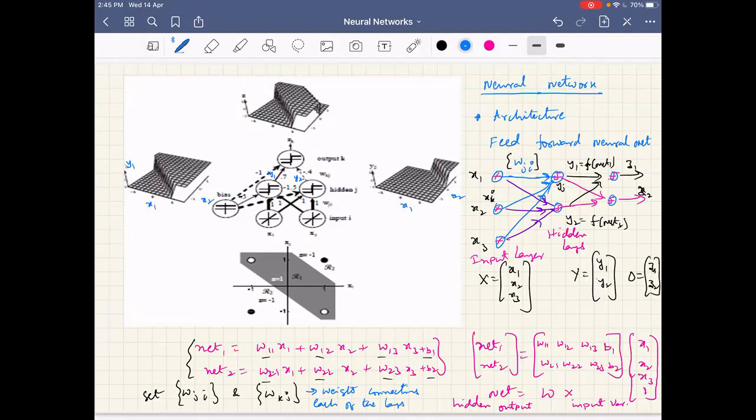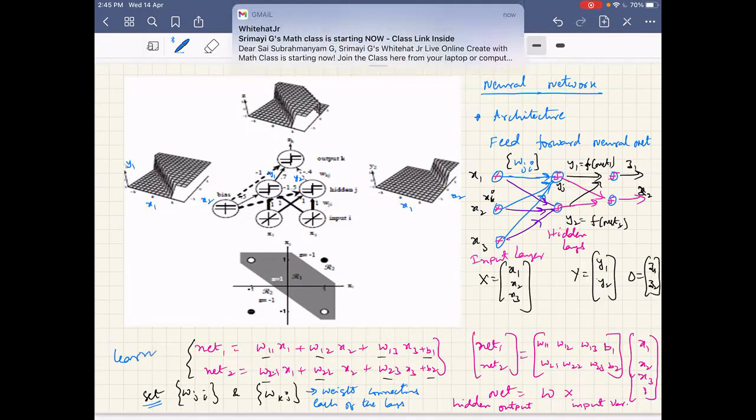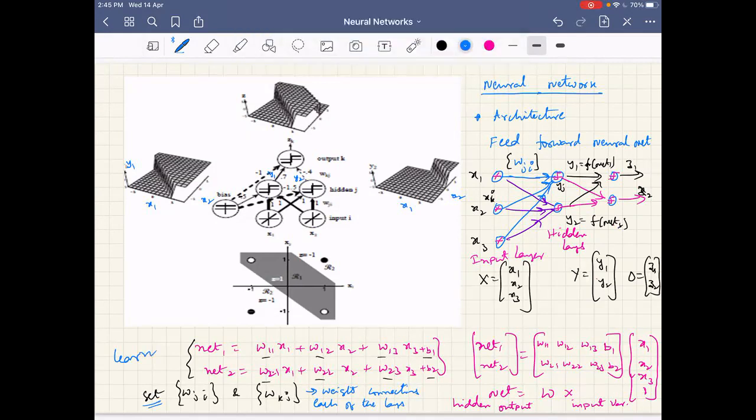So how do we set them? Set or train? Learn to set these weights, right? So that is referred to as training of a neural network.